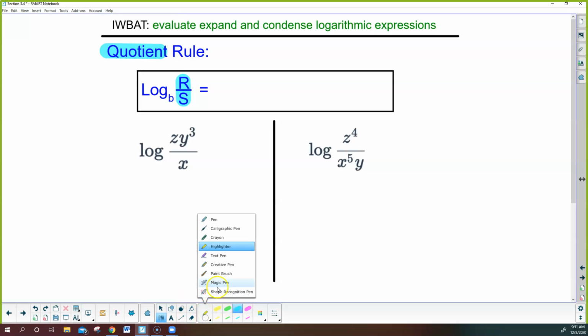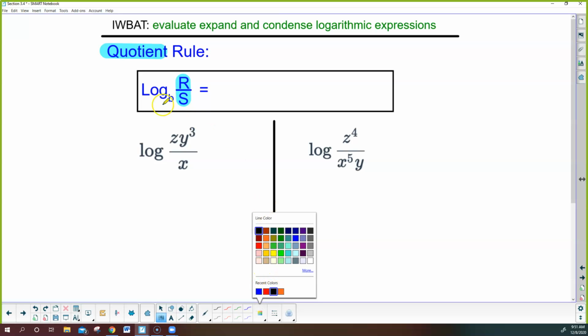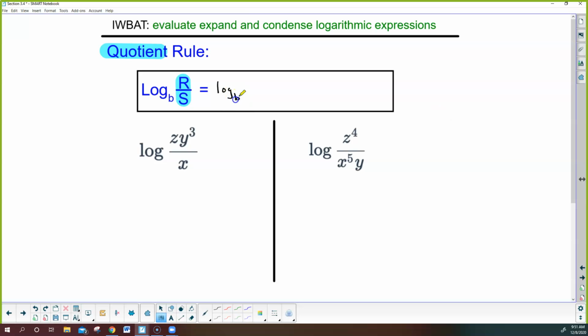Well, the base is going to stay the same, but we're going to be able to separate the r divided by s, and rewrite that as the log of base b of the numerator minus the log with the same base of the denominator. So basically, when I see division, I think subtraction. When I see multiply, I think addition.